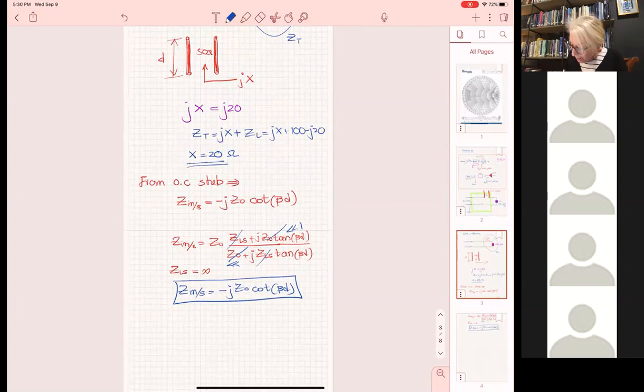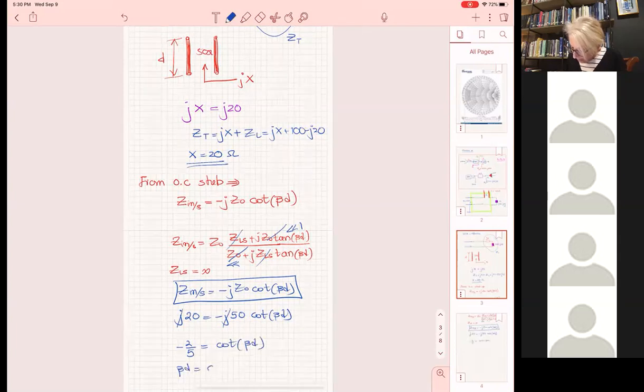I have that J 20 equals minus J 50 cotangent of beta D. And from here, I have that minus 2 over 5 is cotangent of beta D, which gives us beta D is the inverse cotangent of minus 2 over 5. And how much is that? Let's see. You guys have something easy to find it?